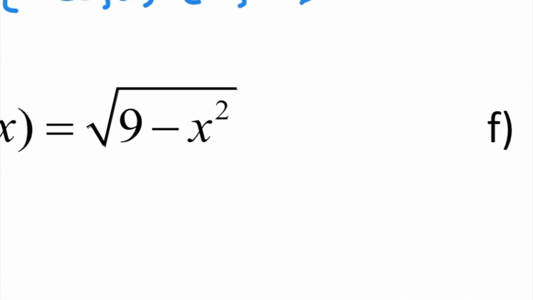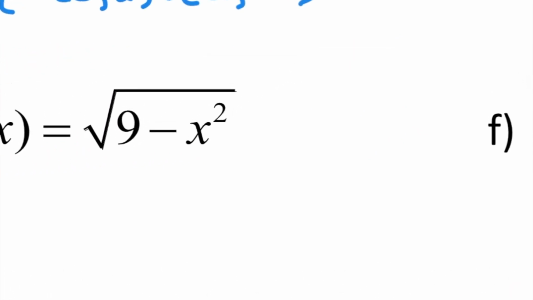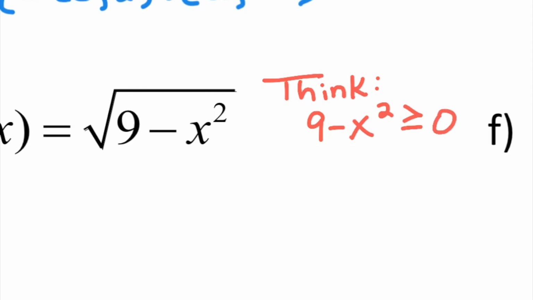In letter E, again, remember that what's inside of a radical has to be either positive or equal to 0. So you want to think here that 9 minus x squared is greater than or equal to 0. 9 has to be greater than or equal to x squared. Take the square root of both sides.